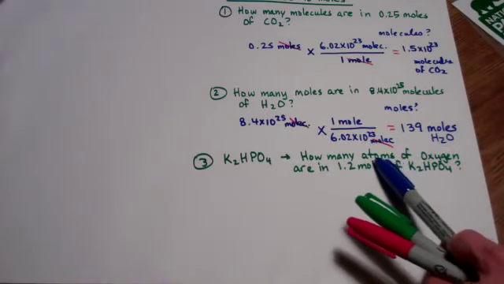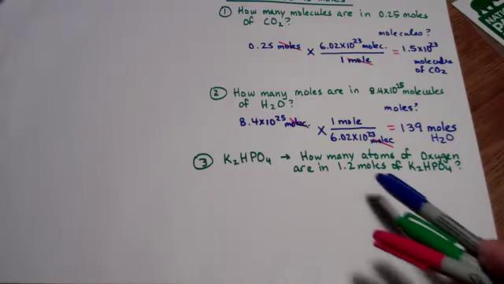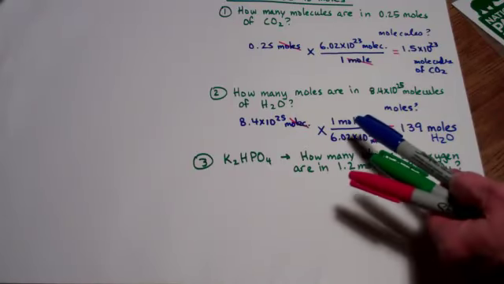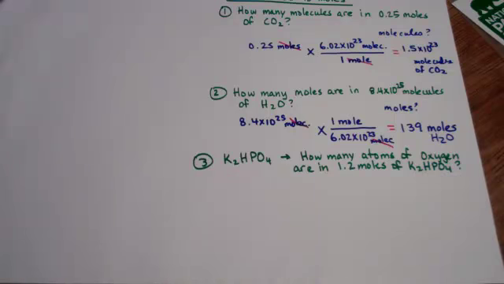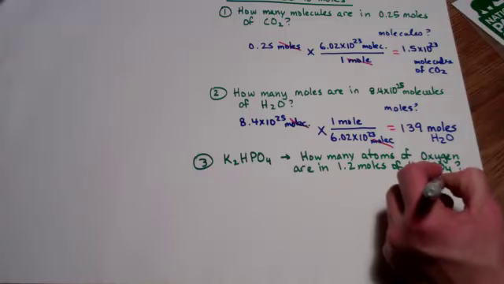But we want to end up getting the atoms. This is going to have to go moles to molecules of potassium phosphate first. And then we're going to have to figure out how to change our molecules of potassium phosphate into just the oxygen atoms.